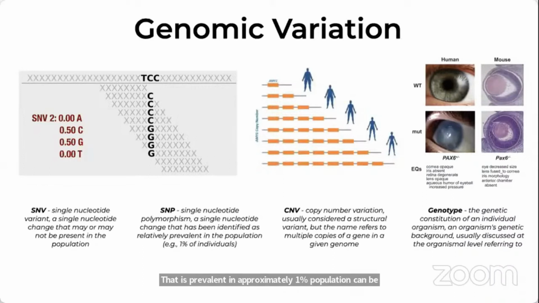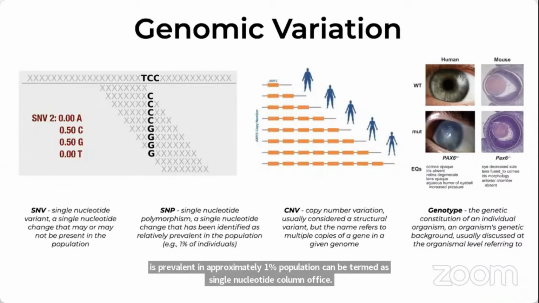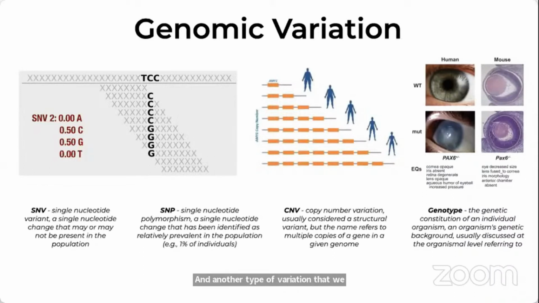Another type of variation that we often refer to is the copy number variation, where a gene is encoded in multiple copies in our genome, but the number of copies varies between different samples and between different sequences.